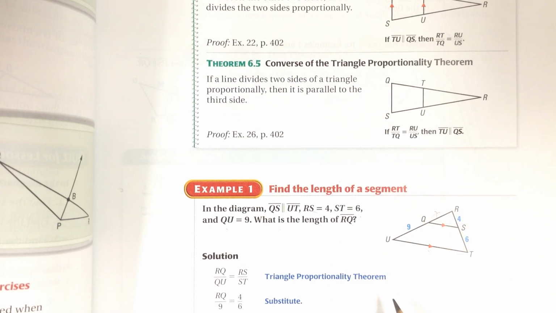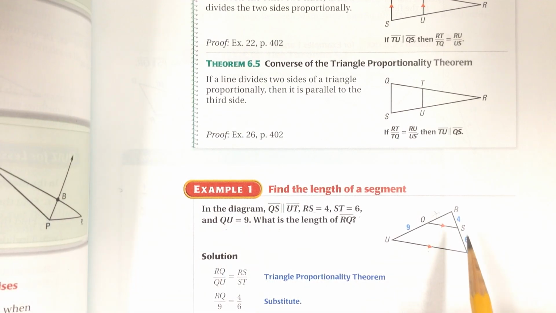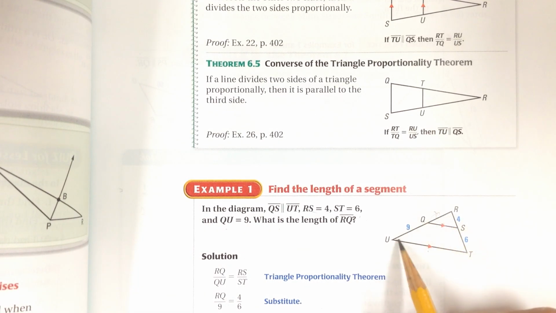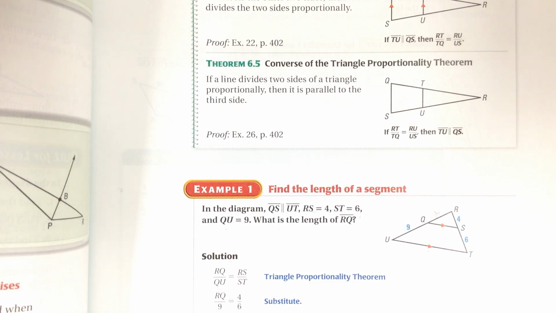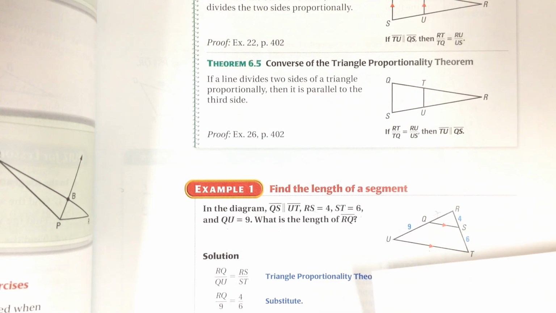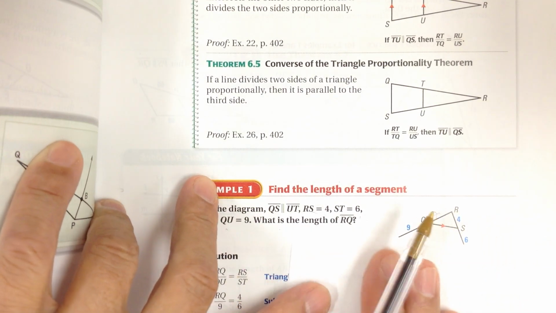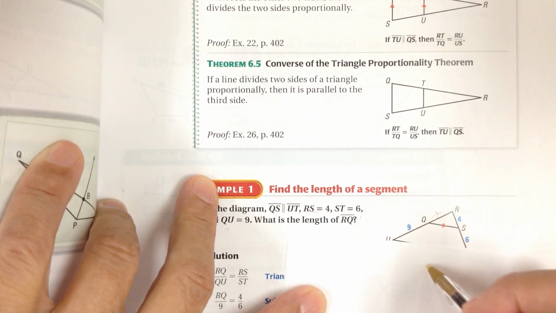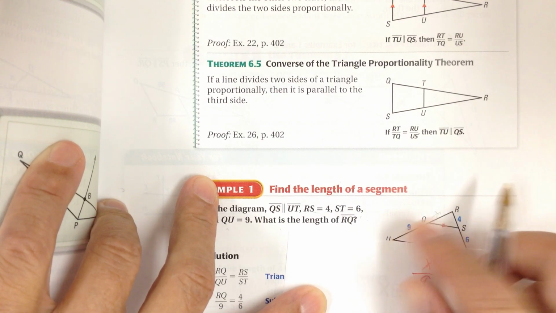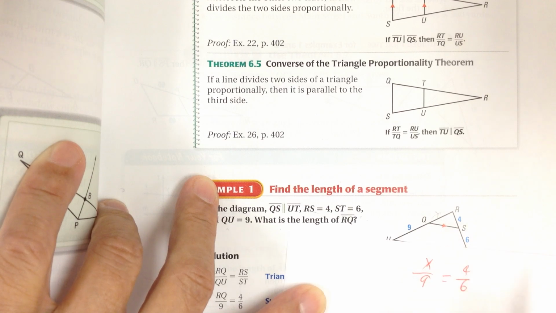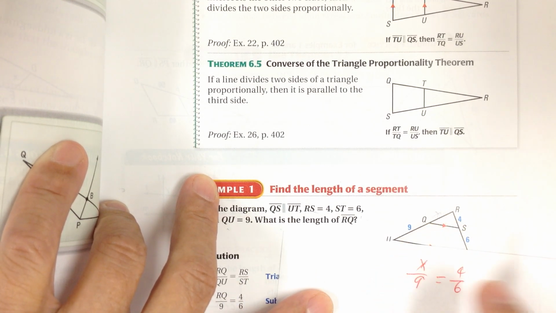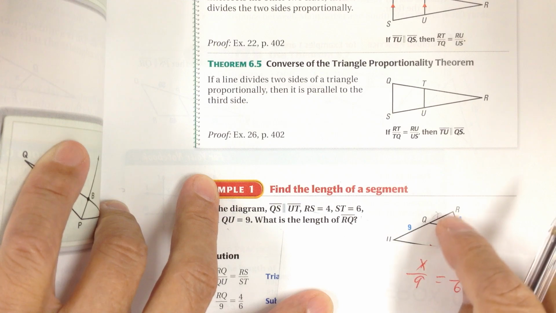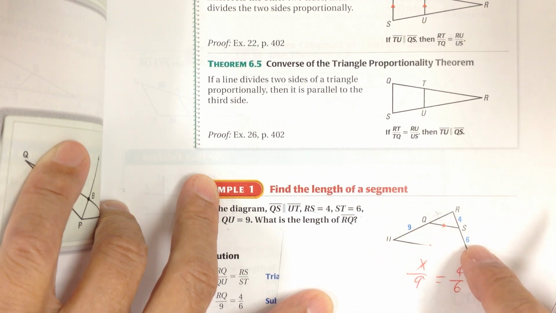You can write a proportion. So you've got X over 9. Whatever you see is whatever you put down here. That is the easier thing to do, so you don't have to make things complicated. So X over 9 equal to 4 over 6, and that would be your equation. That's the easy way to write your equation, by just writing down whatever you see.